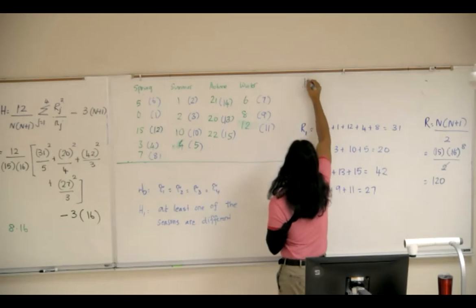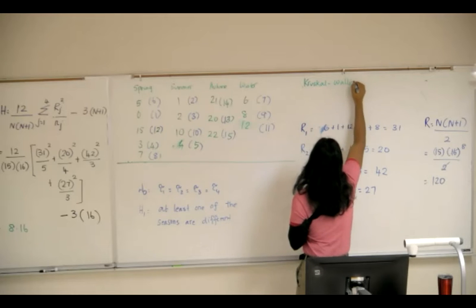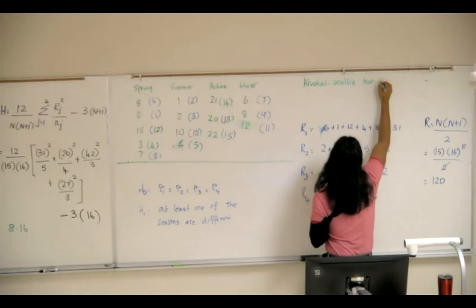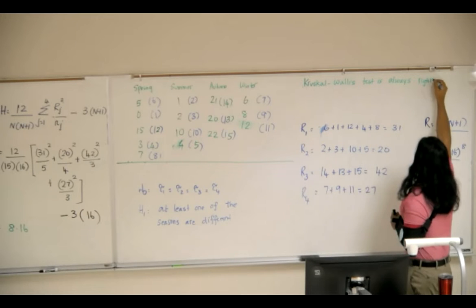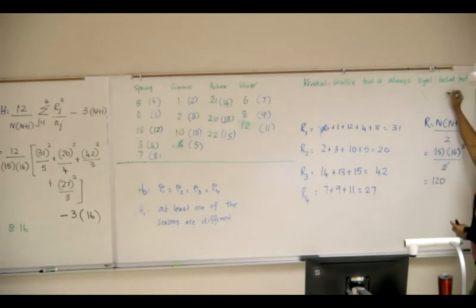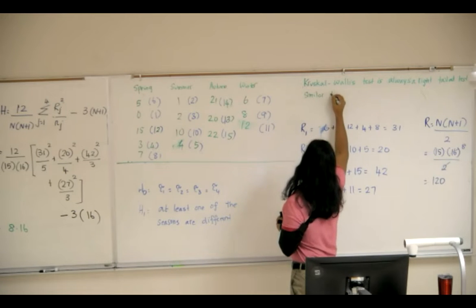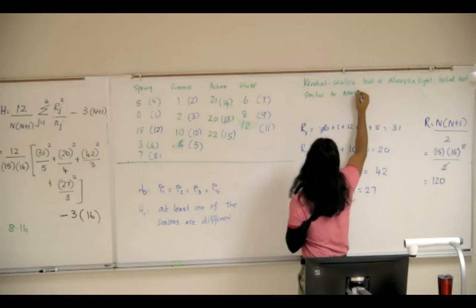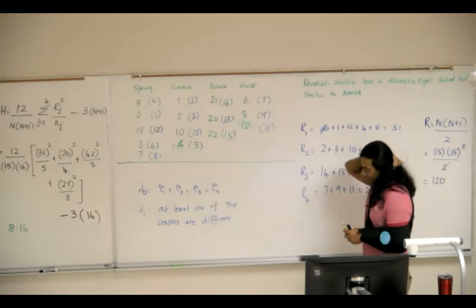Remark: it is always a right-tailed test, similar to an ANOVA, where ANOVA is the parametric version of Kruskal-Wallis.